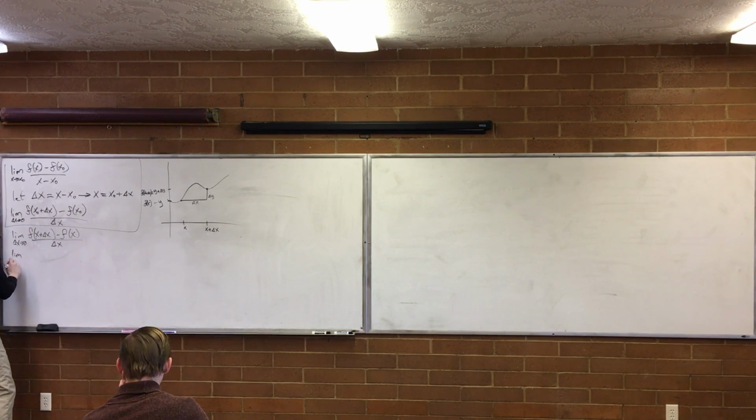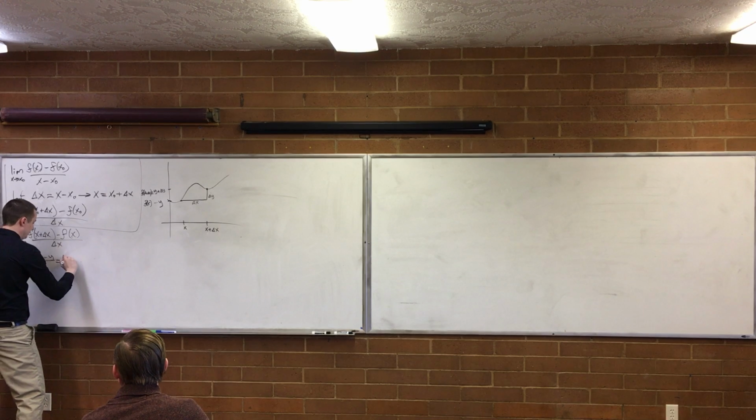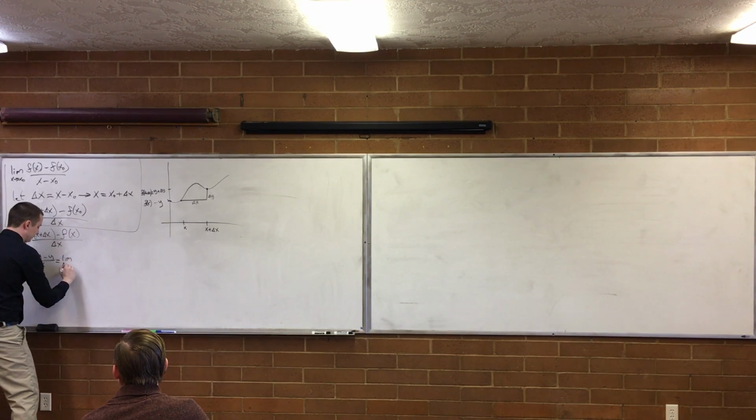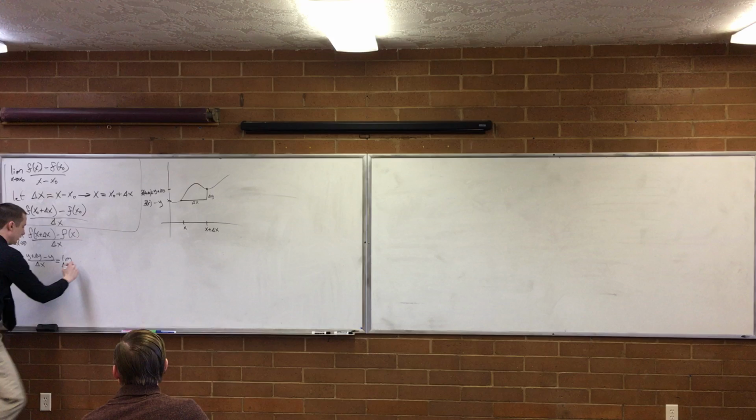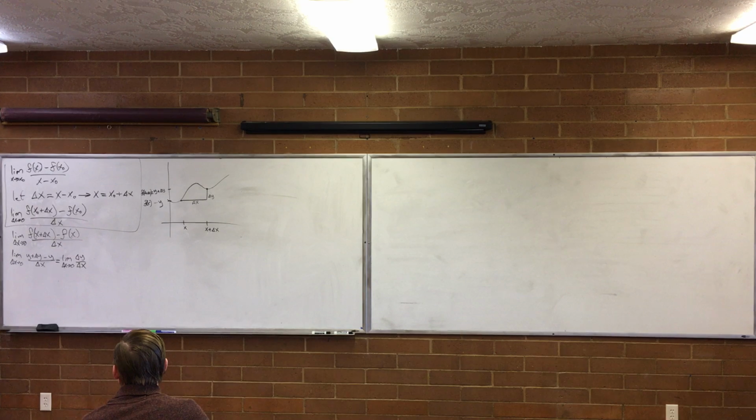That gives the limit as delta x goes to 0 of f of x plus delta x, which is the same thing as y plus delta y, minus y over delta x, which is equal to the limit as delta x goes to 0 of delta y over delta x. Isn't that going to be, what?